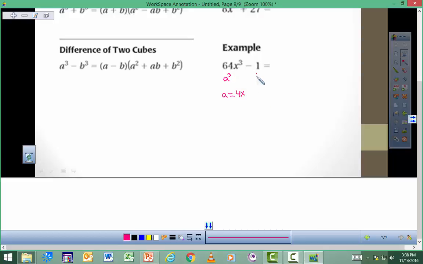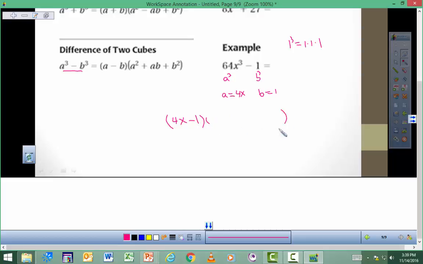And if this is b cubed, then b has to be 1, because 1 cubed is equal to 1 times 1 times 1. And by the way, we do have a difference this time. So the first factor you're going to subtract. So we're going to have 4x minus 1.